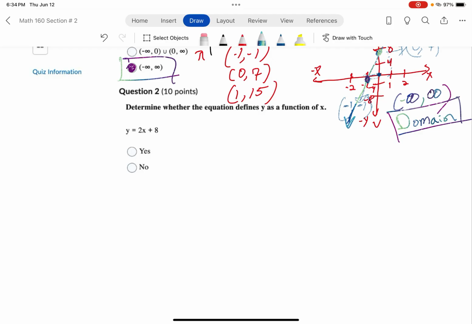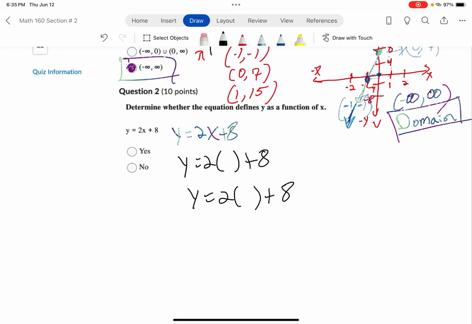So how can you know that? Here, this is the question: y is equal to 2x plus 8. If you can see here, whichever number you plug instead of x, for example, I will leave the empty space for the x, as I did in the other question. So this is y, 2 times x, I will leave the empty space, plus 8.